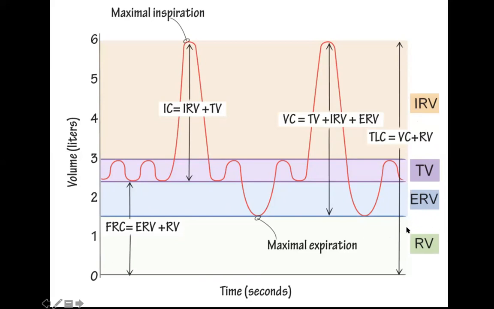And residual volume is what is left behind in the lung because of the elastic recoil of the lung and because of the intrapleural pressure. There is something left behind in the lung so that the lung does not completely collapse, so that there is a little bit of rigidity still maintained. That is why you have what is called a residual volume.